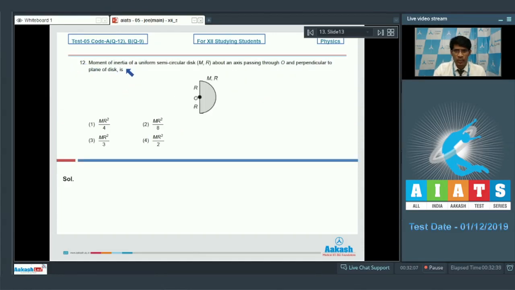Here in question number 12, we need the moment of inertia of a uniform semicircular disk of mass m and radius r about an axis passing through O and perpendicular to the plane of the disk. If we assume the complete disk of mass m on this side and m on this side, then the moment of inertia about this point would be, total mass 2m, times r square divided by 2.